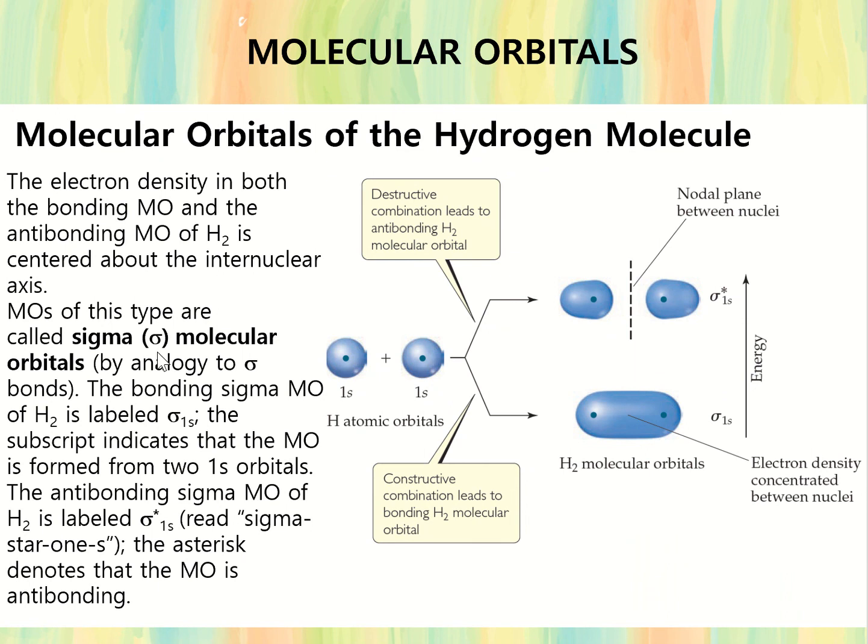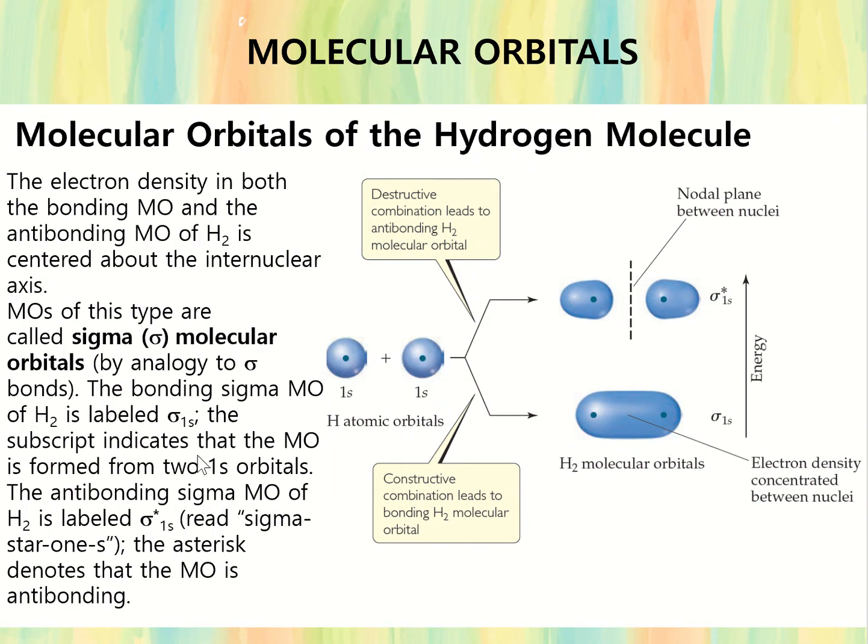By analogy with sigma bonds, the bonding sigma molecular orbital of hydrogen is labeled sigma 1s. So 1s is the orbital, and sigma is the symbol for the molecular orbital. The subscript indicates that the molecular orbital is formed from two 1s orbitals.